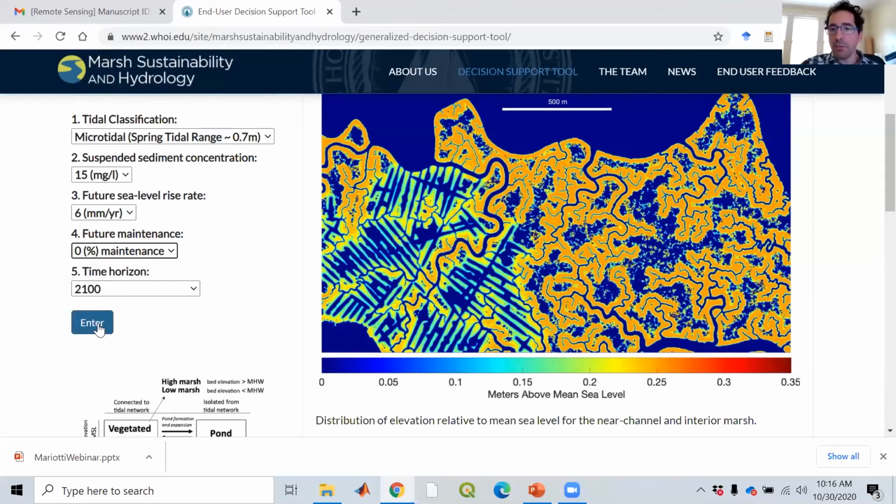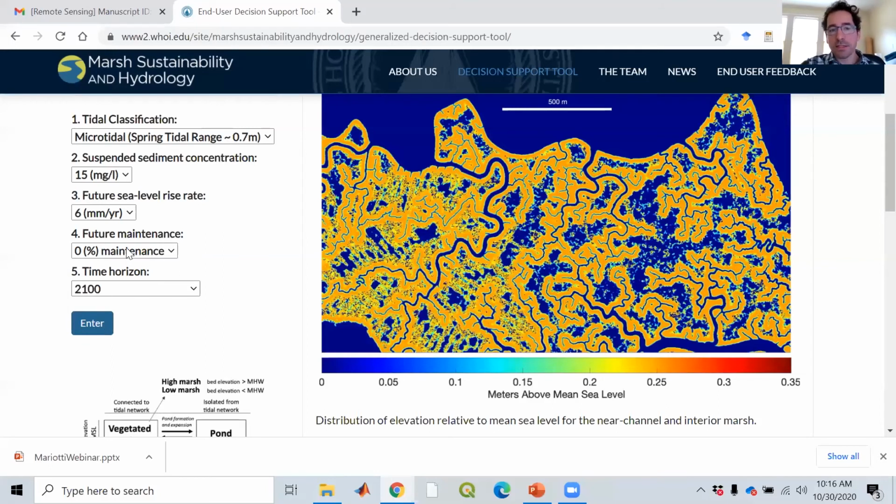So maybe if we consider less ditching or no ditching at all, you don't have the additional subsidence effect. You still get some ponds forming in the interior. So in general, smaller tidal range and low sediment supply and high sea level rise will predict that marshes are losing, especially in the interior.